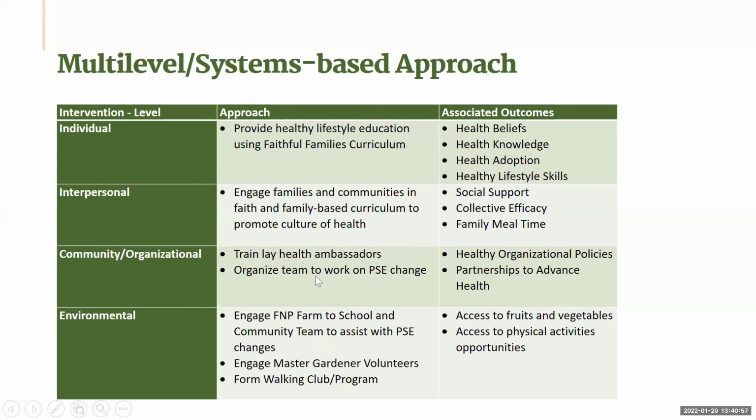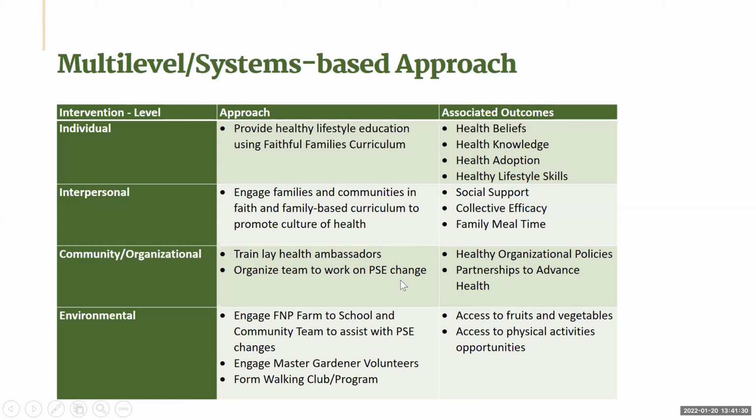At the community organizational level, we focused on providing those community liaisons. So we trained lay health ambassadors. They assisted our FCS agents with facilitation of the curriculum, but then they were also available within their communities. These were people that came from the communities that we were prioritizing at the time, and they could remain after the educational portion ended.